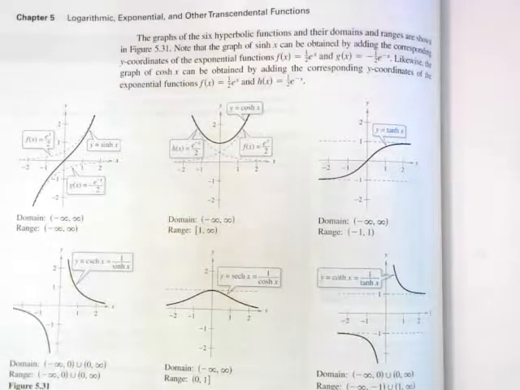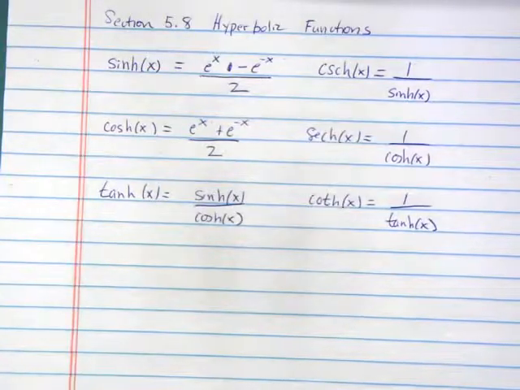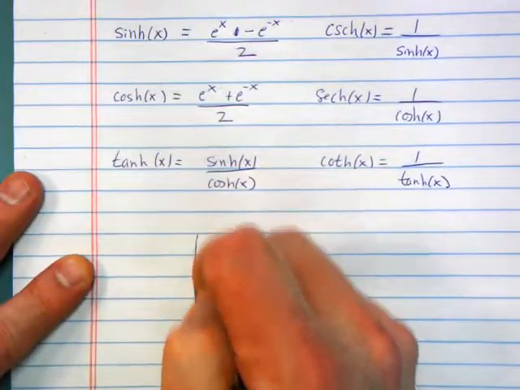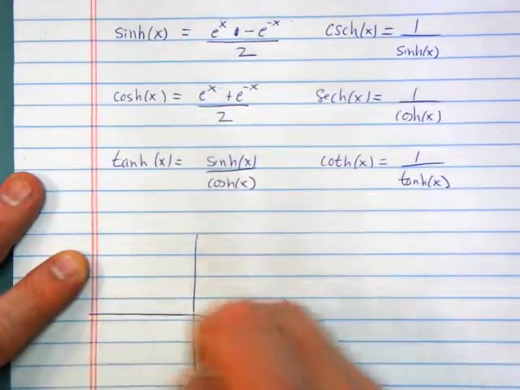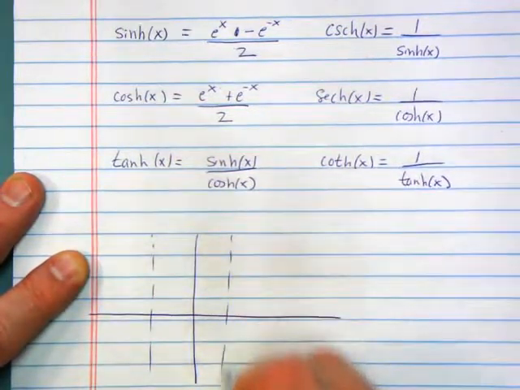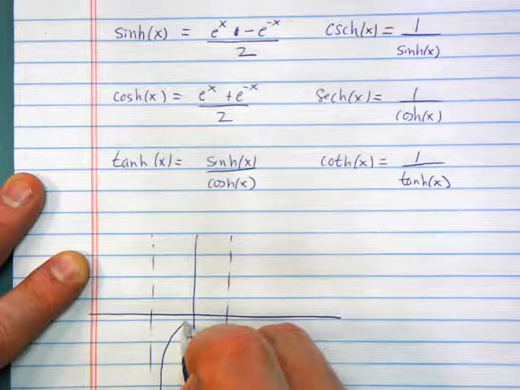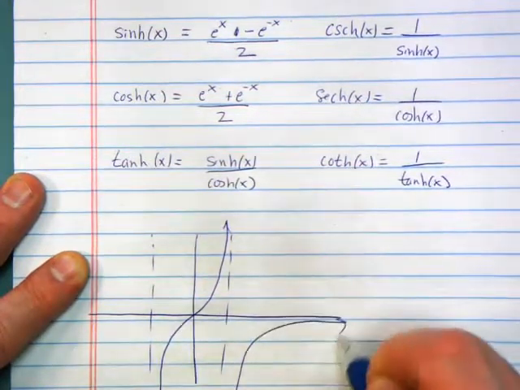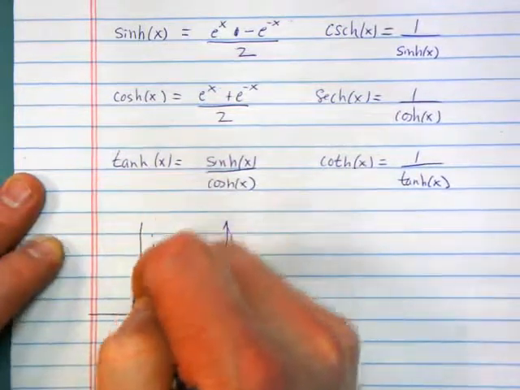Well, what I was thinking was sometimes when we graph rational functions, we end up with asymptotes like this, and you'll end up with a piece in the middle that might look like that, and then maybe you get something like this on this side, and something like that on that side.